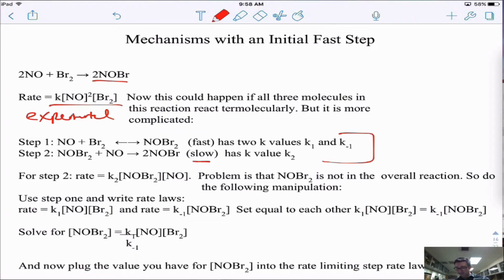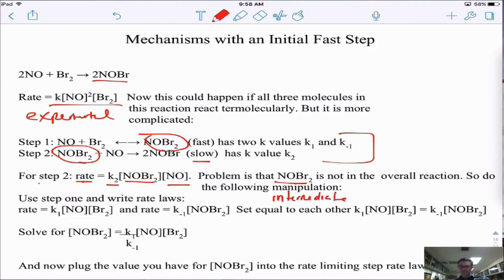So let's do it. So for step 2, rate equals K2, because it's the second step, times NOBr2 times NO. Well, this doesn't work. NOBr2 is called an intermediate. And we see that because NOBr2 is generated in the first reaction and used up in the second reaction.